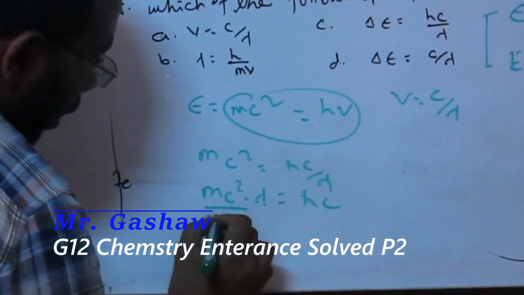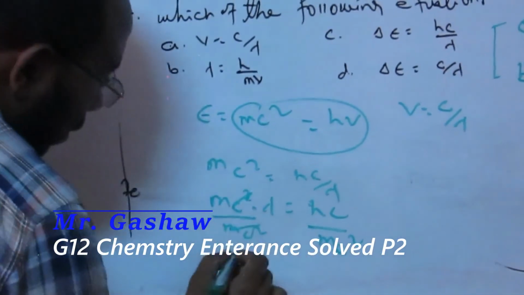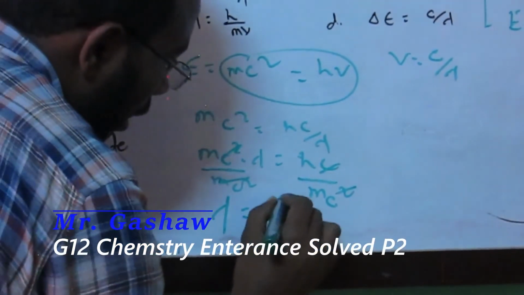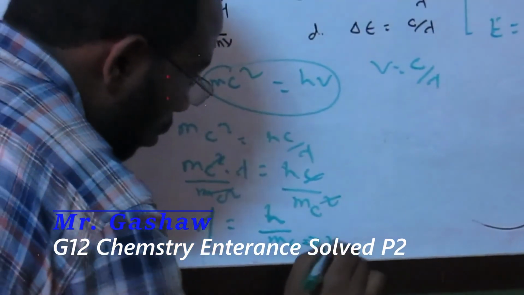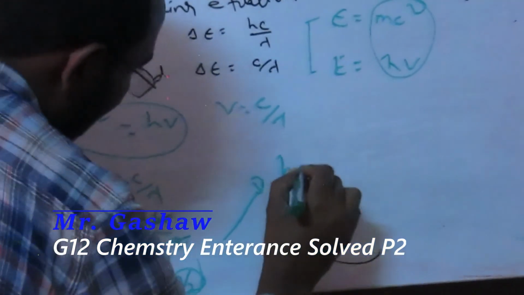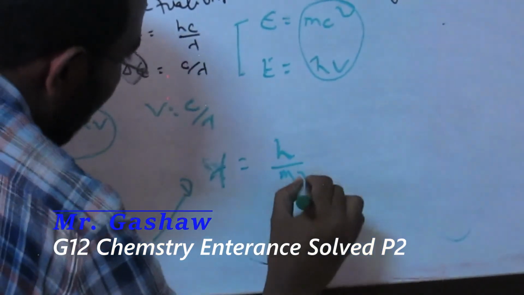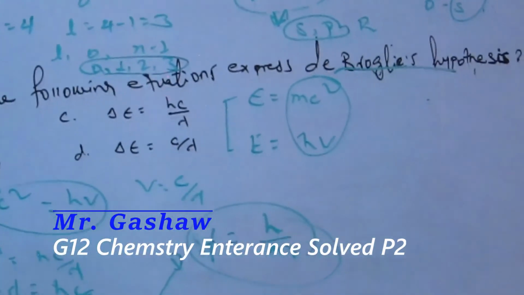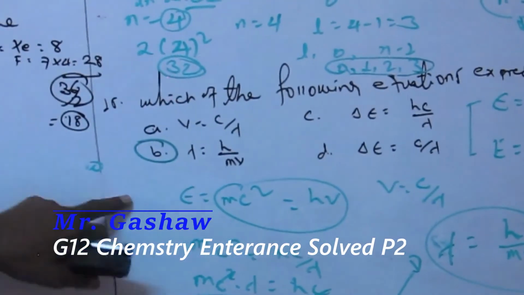Over mc square, the c square cancels, leaving wavelength alone, that means h over mc. This c is the speed of light. Since we use the velocity of the electron, what did de Broglie do? Wavelength is equals to h over mv. This one is de Broglie's hypothesis. So from your choices, the answer becomes b.